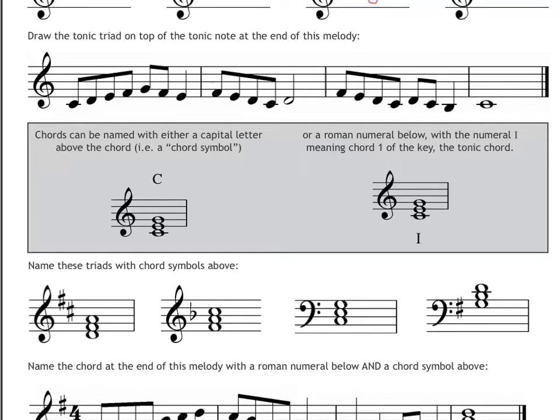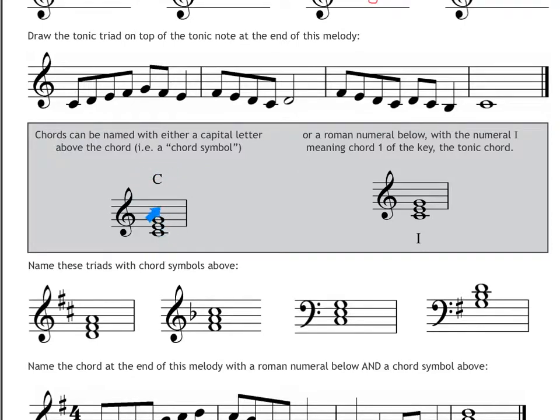Now, labeling triads, they can be labeled in two basic ways. Chords can be named with a capital letter above the chord, a chord symbol. If anyone plays guitar or has read guitar chords before, something like this would look very familiar. You would know to make the shape of a C chord on your guitar or on your ukulele or on whatever it is you play.